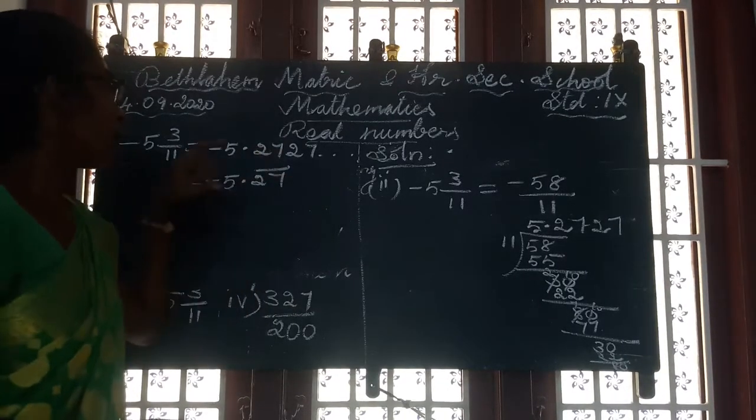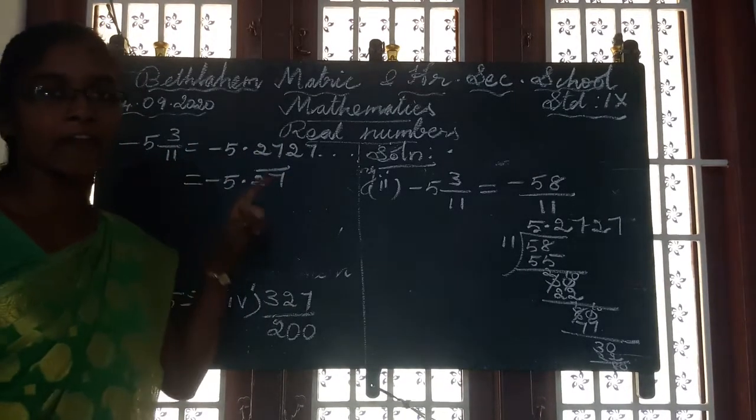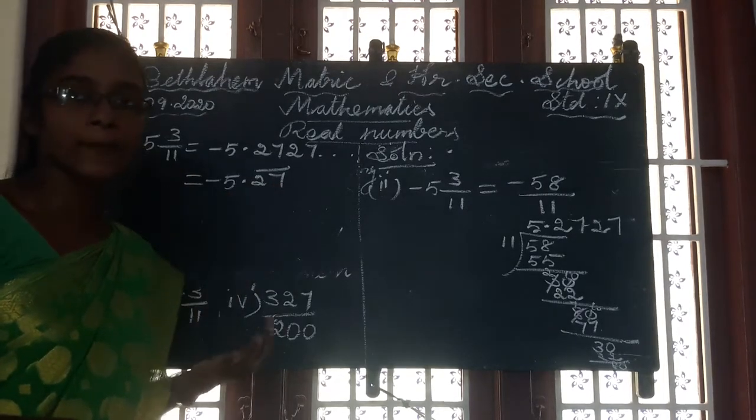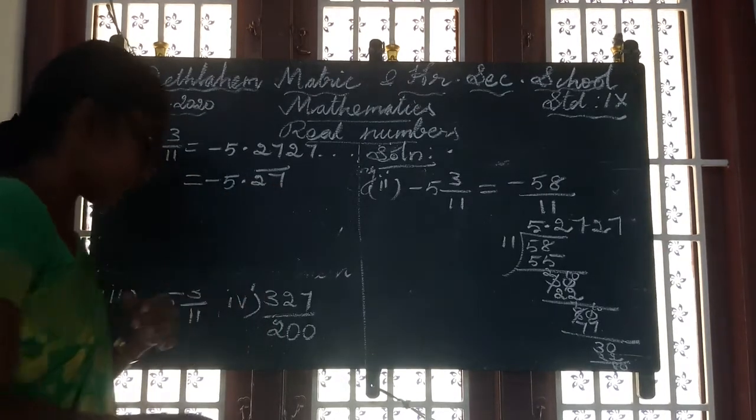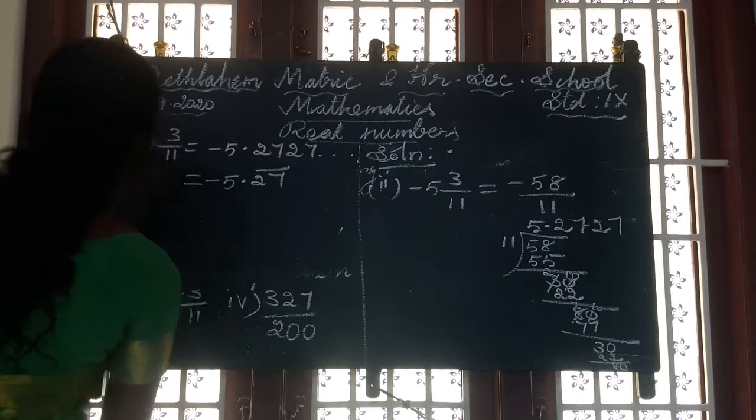So minus 5 3 by 11 has non-terminating and recurring decimal expansion.